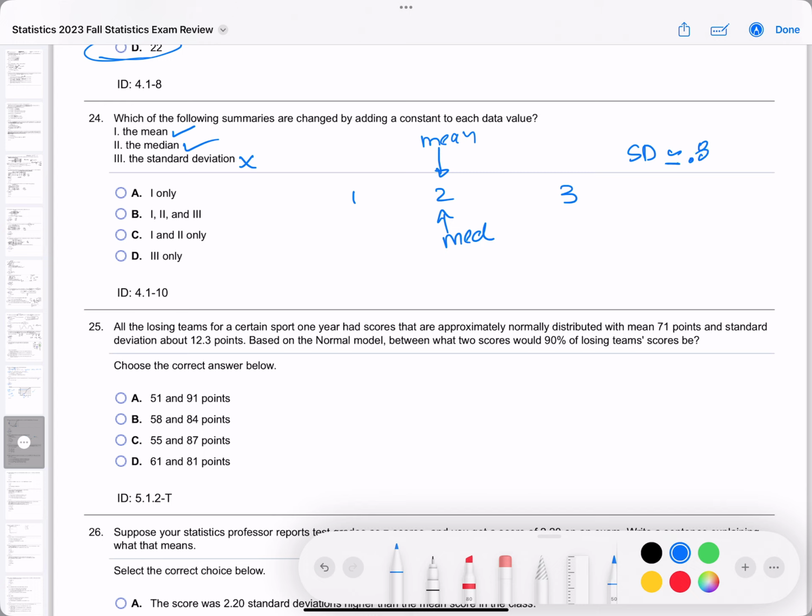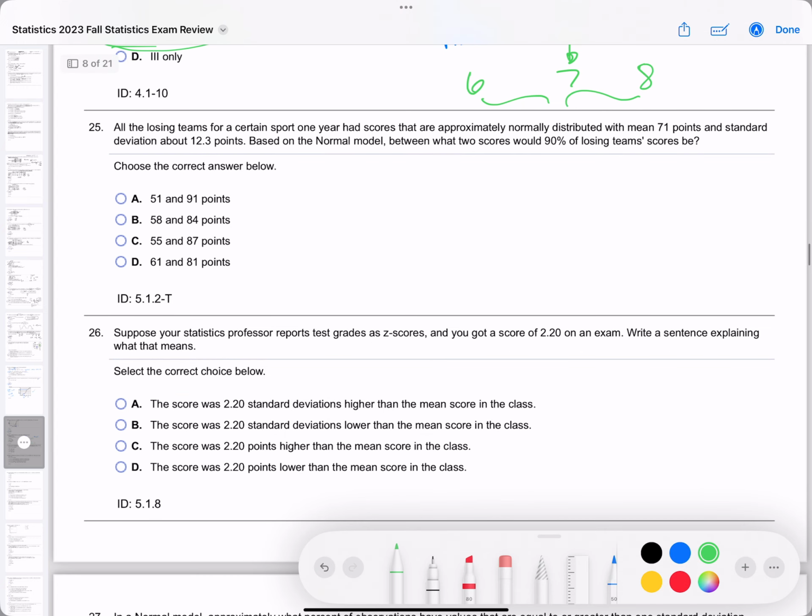Now if I add, let's say 5 to everything, this is now going to be 6, 7 and 8. You can see the mean and the median both shifted, but the standard deviation is still about the same distance from the mean. So that would not change. And that is 24 here. So 1 and 2, which is this one here. There we go.